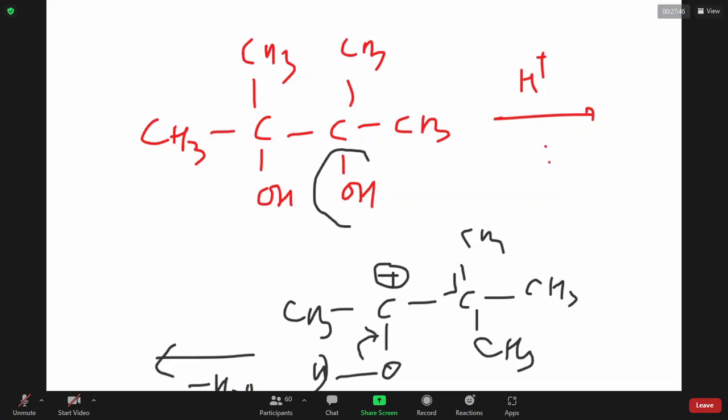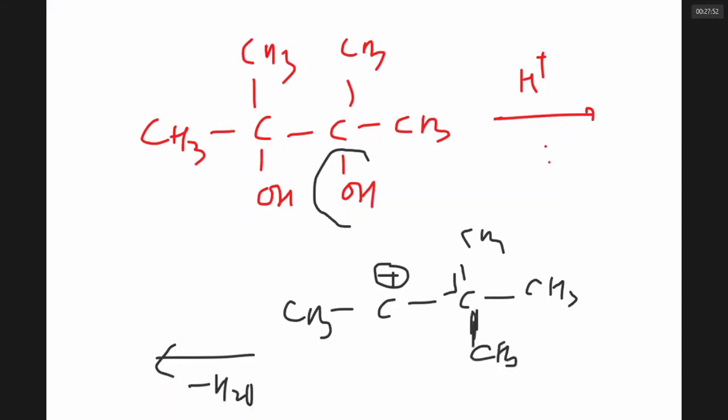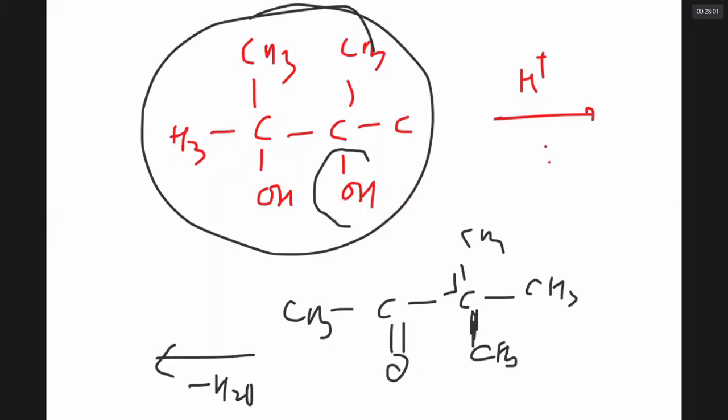So at the end of the reaction, you are getting this: CH3 here, C double bond O. So at the end of the day, a compound which you call a 1,2-diol became a ketone. This type of rearrangement is called pinacol-pinacolone rearrangement.